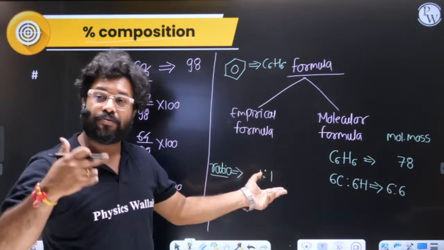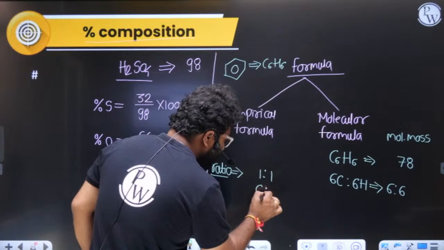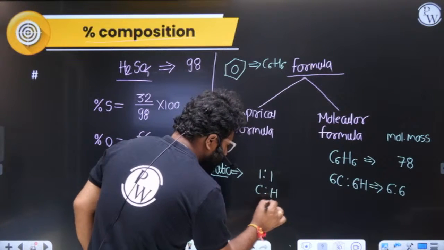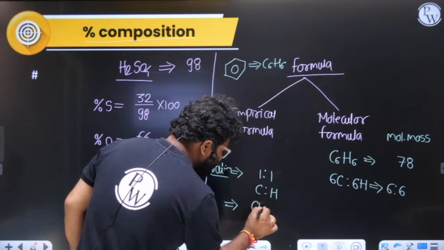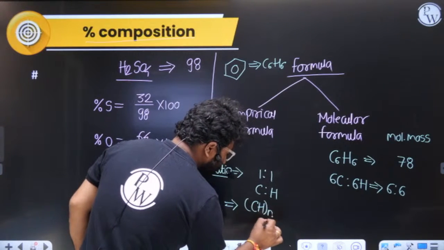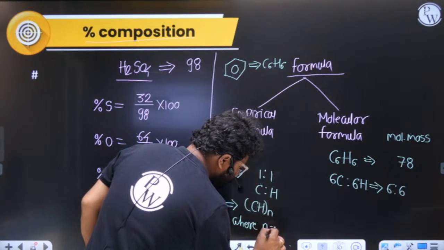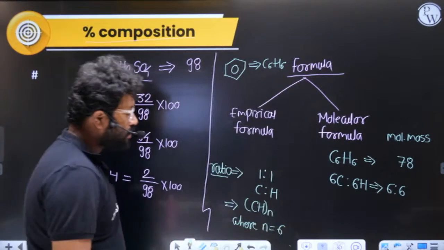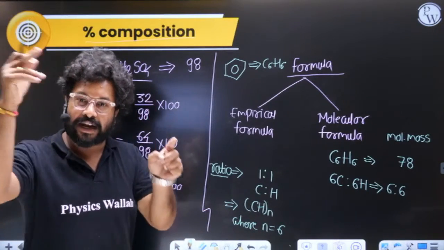6 to 6 is the molecular formula ratio. Now 1 to 1 means 1 carbon and 1 hydrogen. So basically the empirical formula of benzene is CHn, where this n is going to be equal to 6. So this is the empirical formula of your benzene ring, CH bracket n.